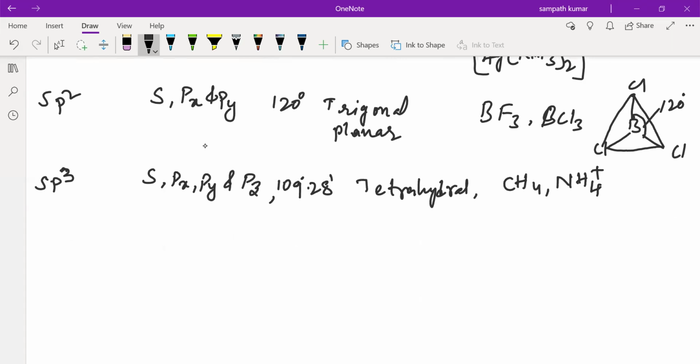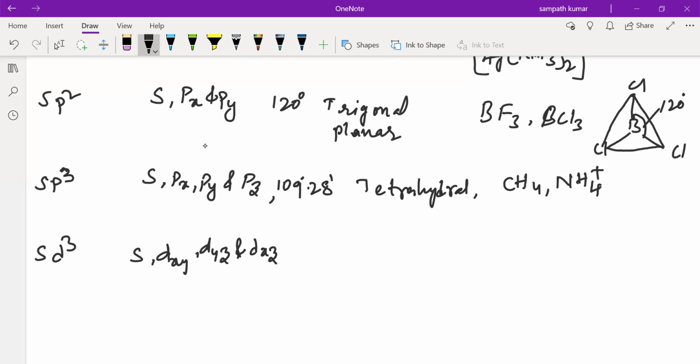Next is a special hybridization, sd3 hybridization. It involves the s orbital and the dxy, dyz and dxz orbitals.